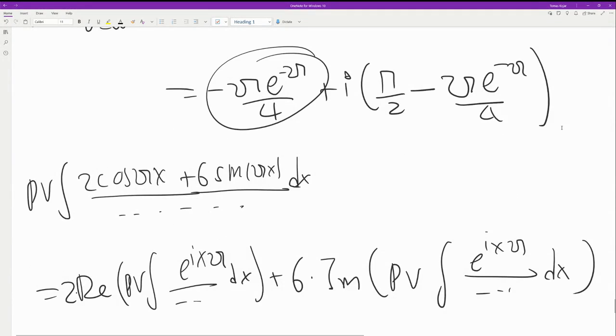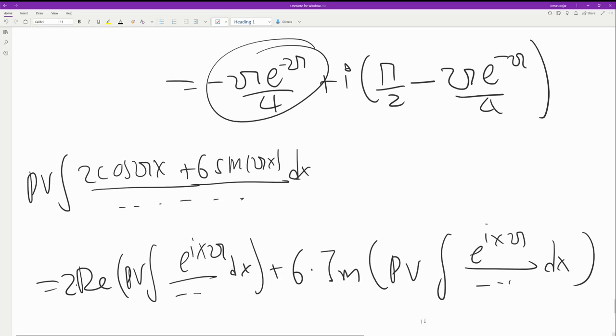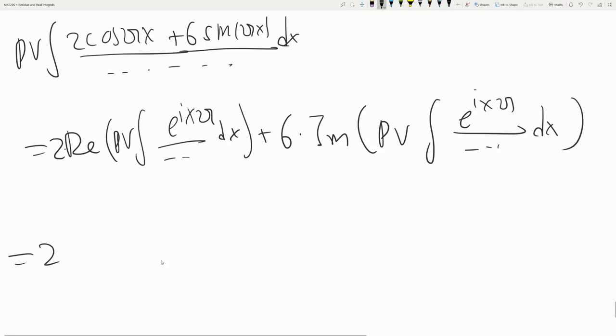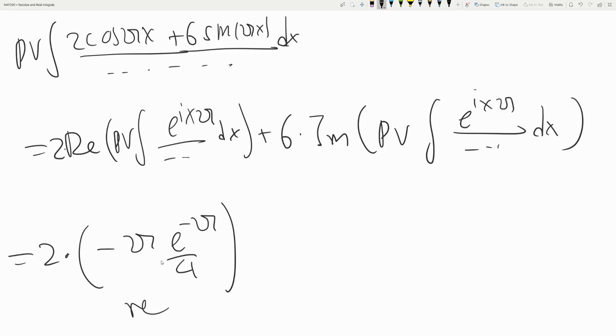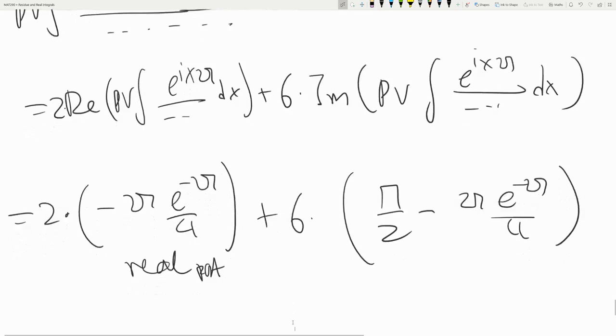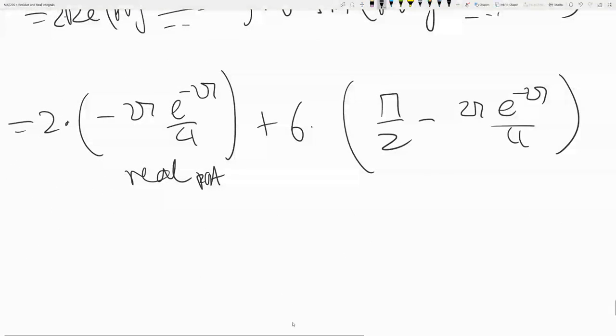So it's 2 times minus 2 pi e to the minus 2 pi over 4. That's the real part. And then 6 times the imaginary part, which was pi over 2 minus the same guy, 2 pi e to the minus 2 pi over 4. I guess let's try to simplify.